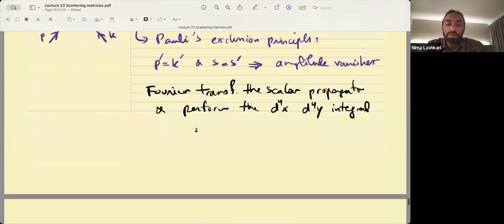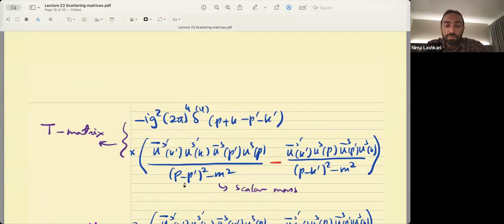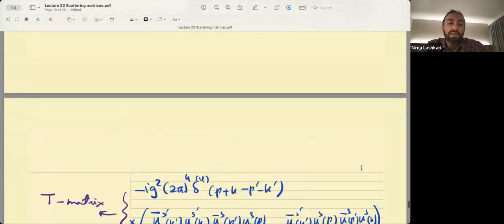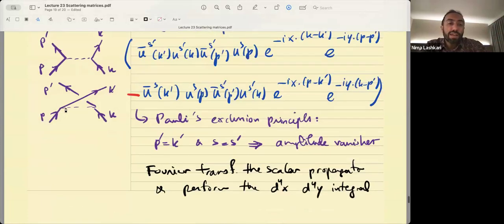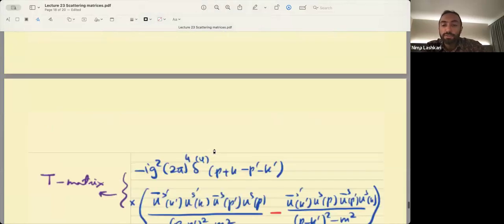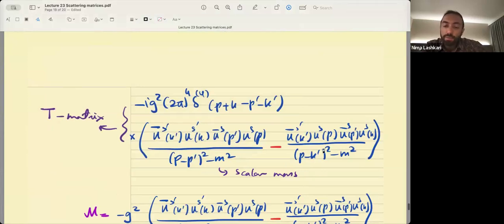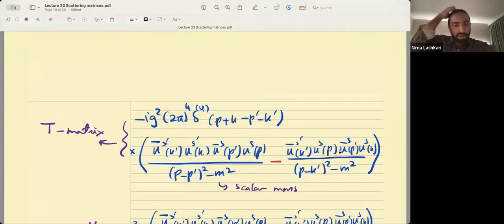So it will have this term in it. And then similarly here, what you're going to have as your propagator is k prime minus p, or (p minus k prime) squared minus m squared. This is a scalar mass. So this is the T matrix. Are there any questions? This is the T matrix at order g squared.